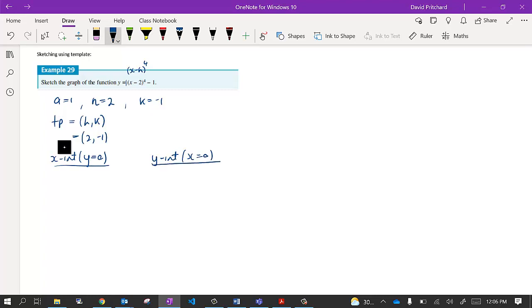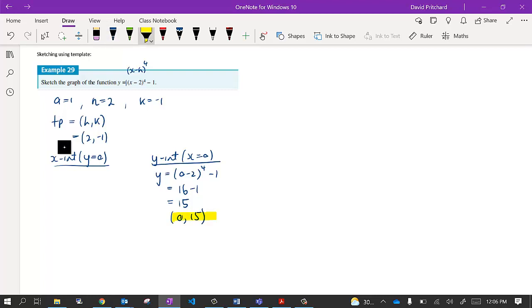The easier of these two is the y-intercept, so we'll do that first. y is equal to (0 − 2) to the power of 4, take 1. Negative 2 to the power of 4 is 16, so we've got 16 take 1. We end up with 15. That means our y-intercept is x is 0, y is 15.